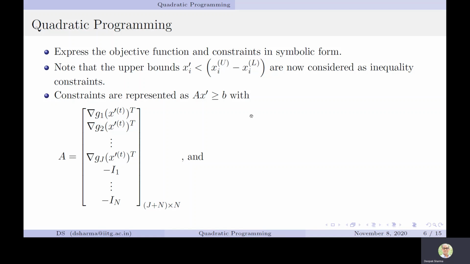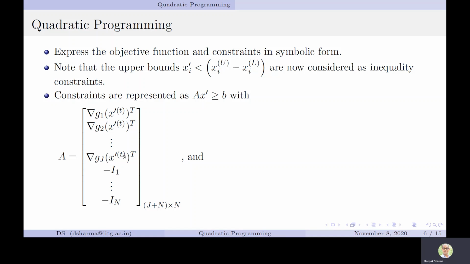Now let us write the constraints in the form A x prime greater than or equal to b. In this case, what is A? A will become the gradient of g1 at x prime t, transposed, so this is going to be a row vector. Similarly, the gradient of g2, and similarly the gradient of gj at x prime t, which is a given point to us.